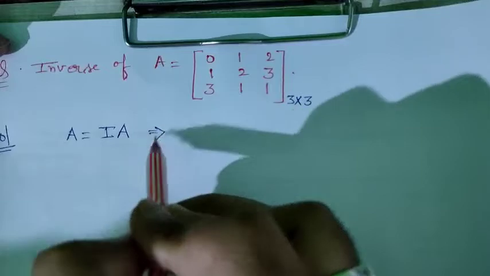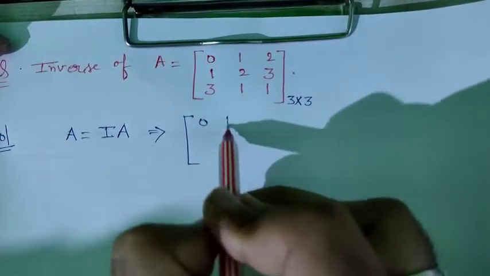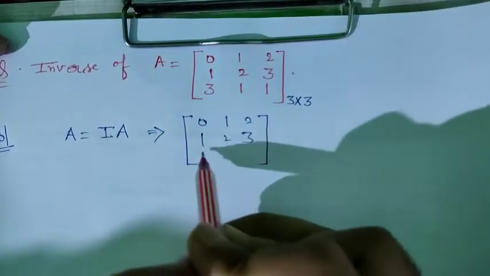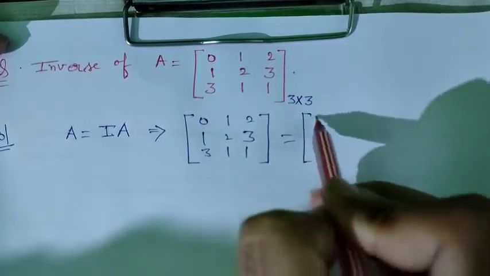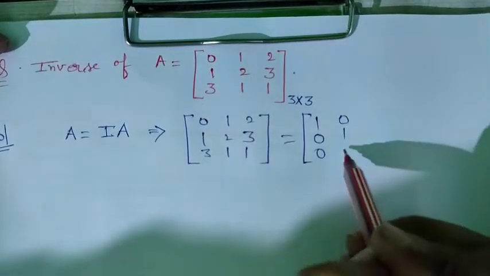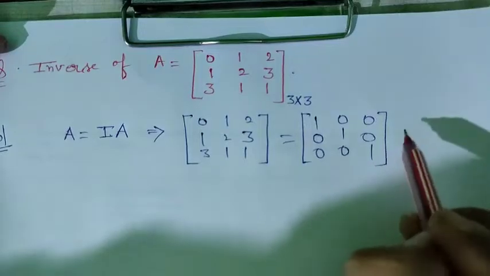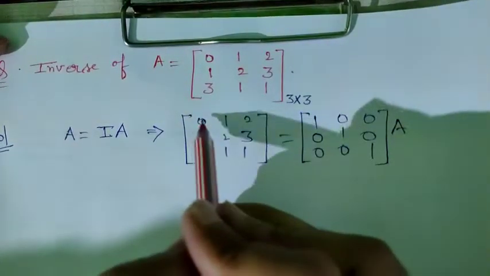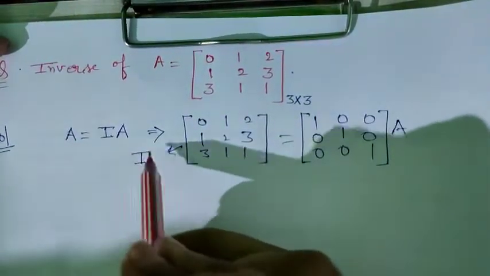This implies that 0, 1, 2, 1, 2, 3, 3, 1, 1 is equal to, we'll write here the identity matrix. Now our target is to convert this into the identity matrix of order 3.